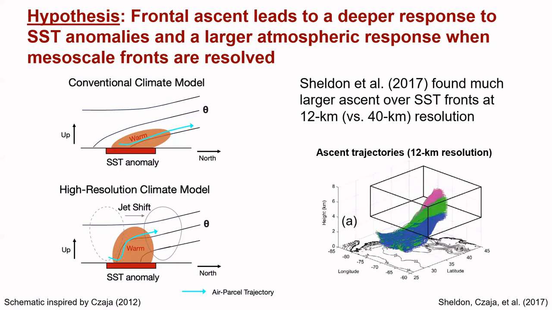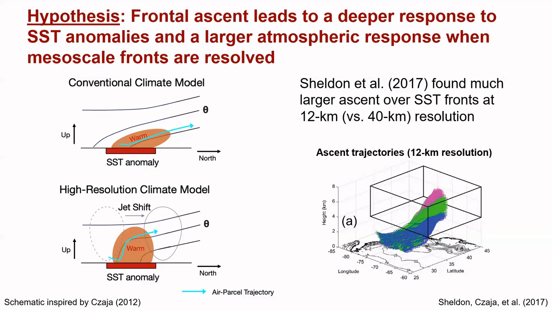This is in large part coming from some nice work by Arnold Shaya and co-authors looking at how resolving fronts and going to high resolution in really short simulations with NWP models might increase the frontal ascent in response to SST anomalies, for example, over the Gulf Stream.